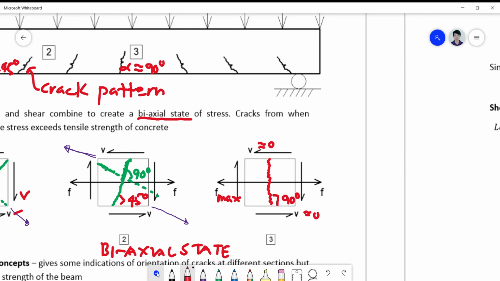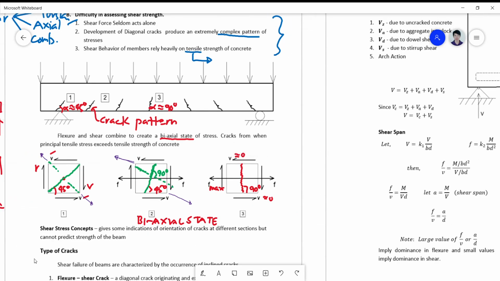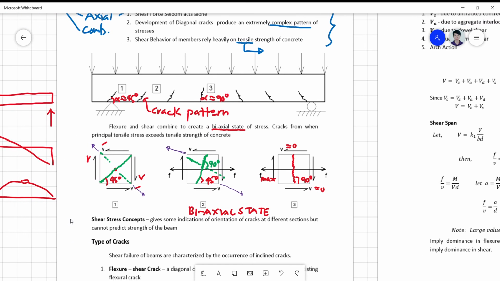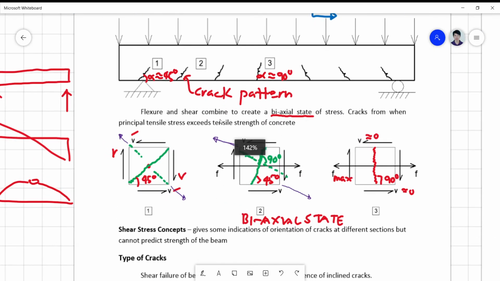So the pattern of cracks now, the behavior of the beam rather, can be seen by observing the crack pattern. Okay, so the crack starts from more or less 45, then it goes higher, higher, higher until it reaches almost a vertical crack there.